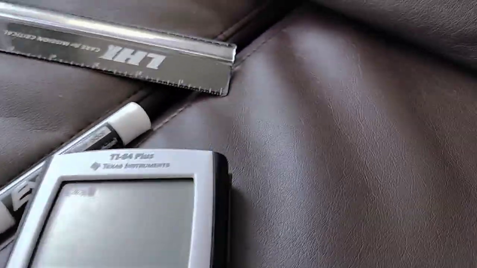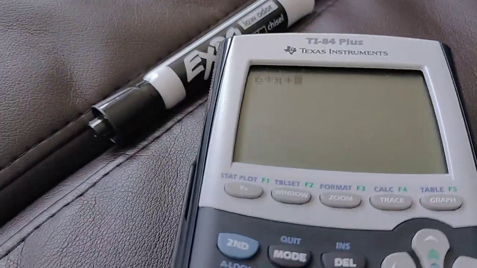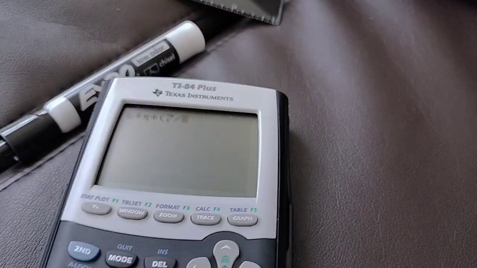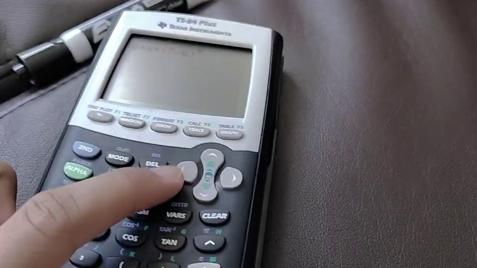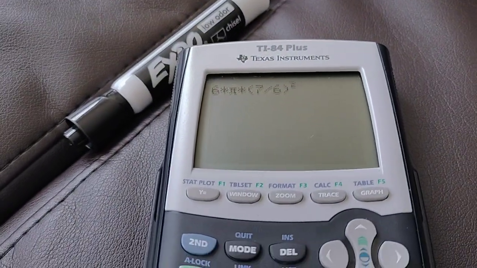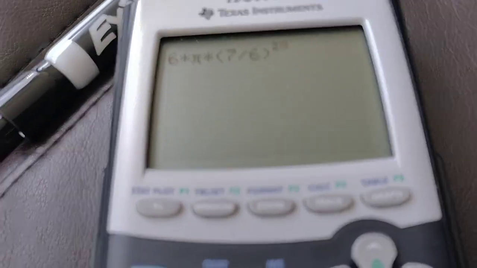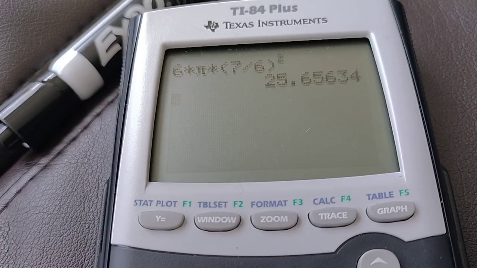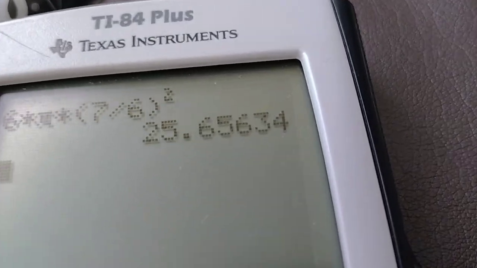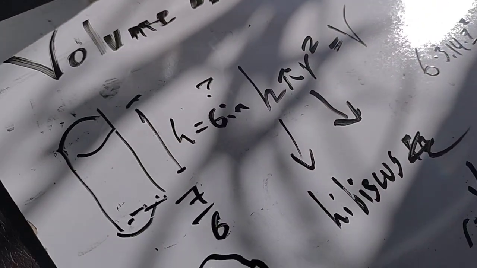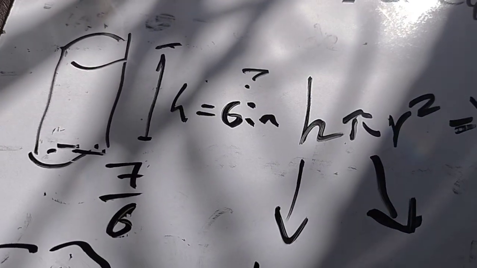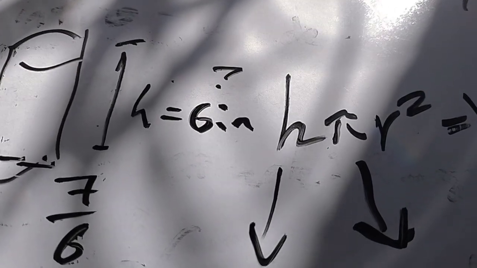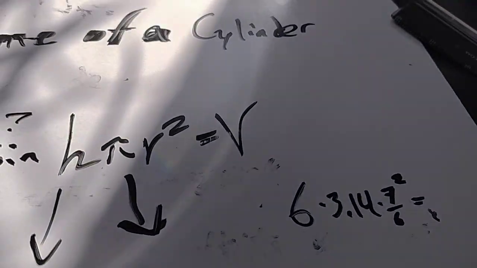How foolish of me. Because the calculator follows the order of operations, I want to make sure to put this correctly. And if I just press enter, it should spit out the answer of 25.65634.